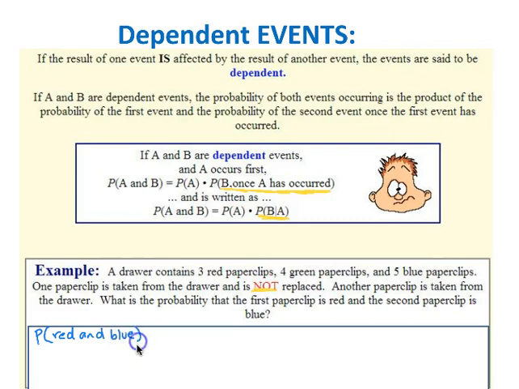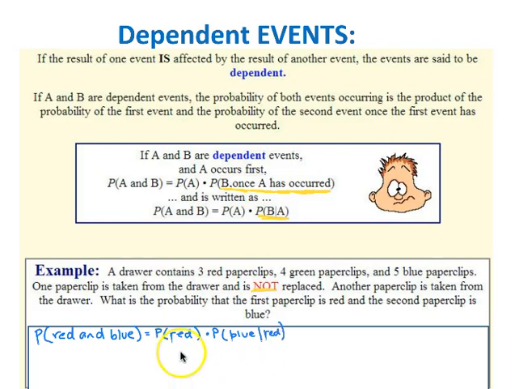So we want to find the probability of choosing red and blue. Because we are not replacing the first paper clip, the second event is going to be affected by the first event. So we would write this as the probability of choosing red, and then multiply it times the probability of choosing blue once we've chosen red, or after we've chosen that red.